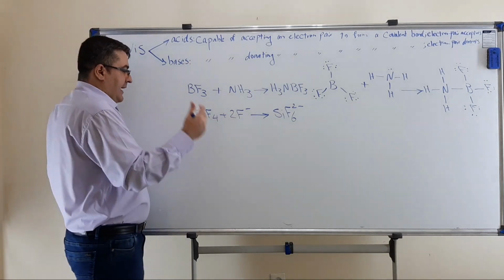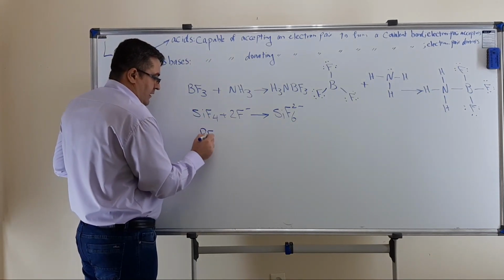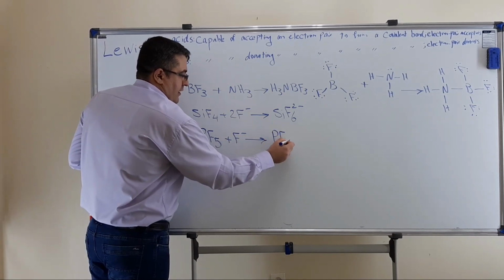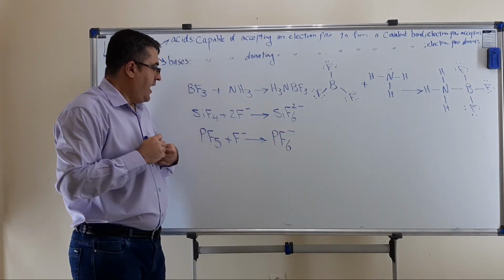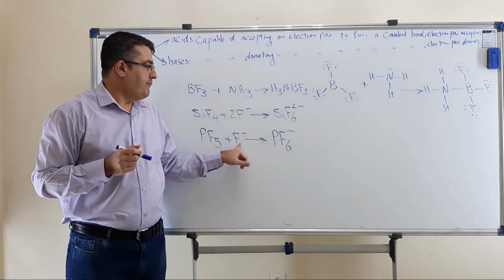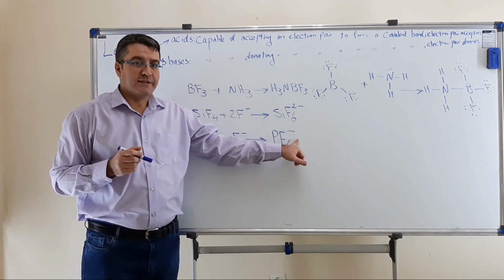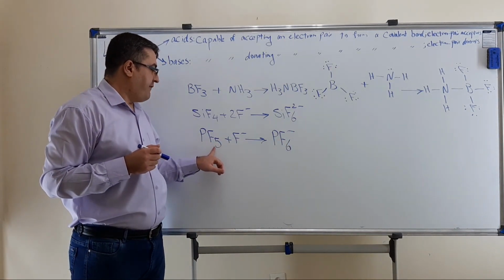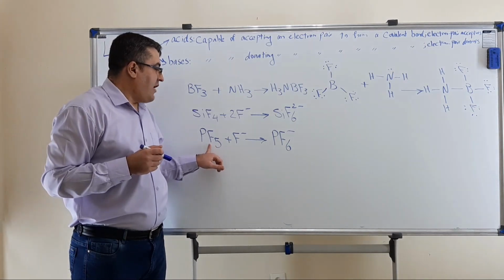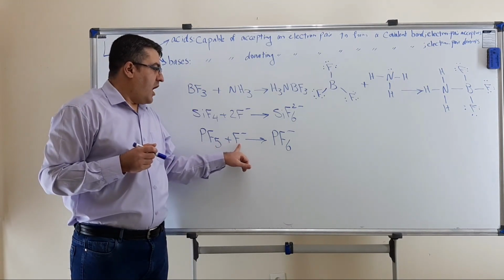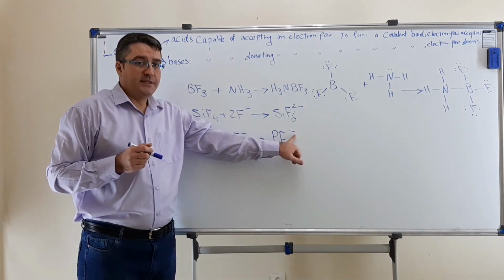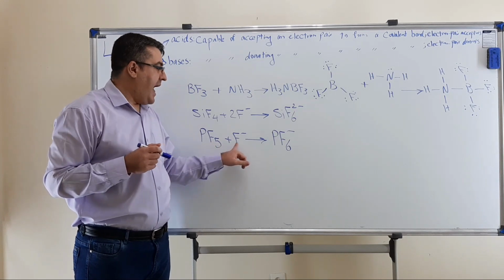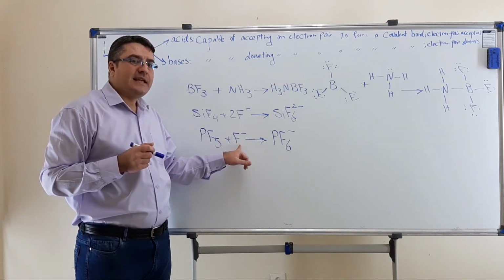As another example, consider this reaction. PF5 plus F- yields PF6-. In this reaction, the phosphorus atom of the PF5 accepts 1 electron pair from a fluoride ion and forms PF6-. In this reaction, PF5 acts as a Lewis acid and F- acts as a Lewis base.